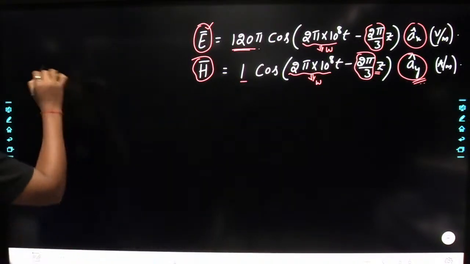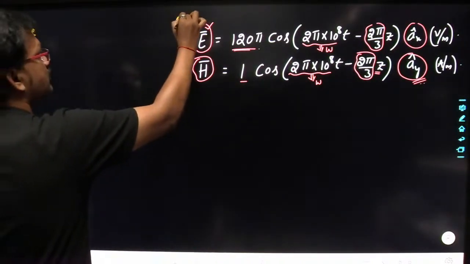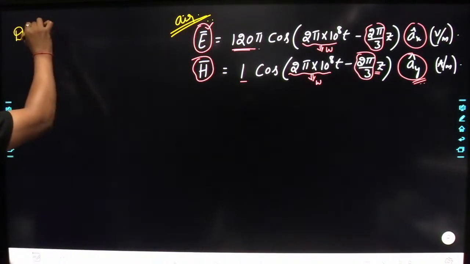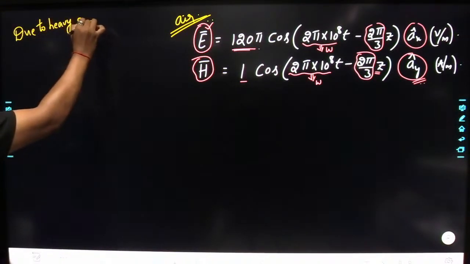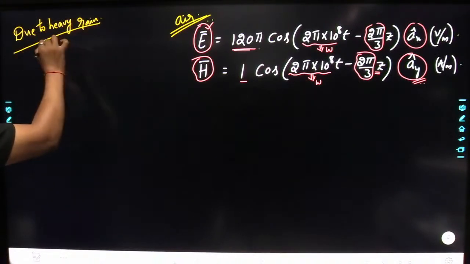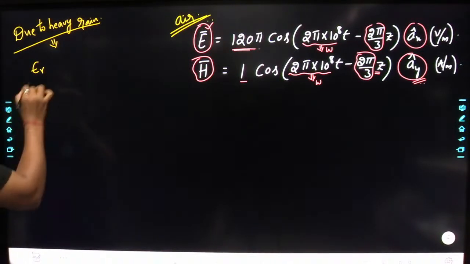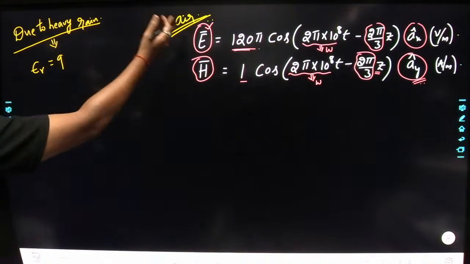So now, these are the fields they have given in air medium. Due to heavy rain, epsilon r becomes 9. Yes or no? It has changed from 1 to 9. In air medium, its value is 1.